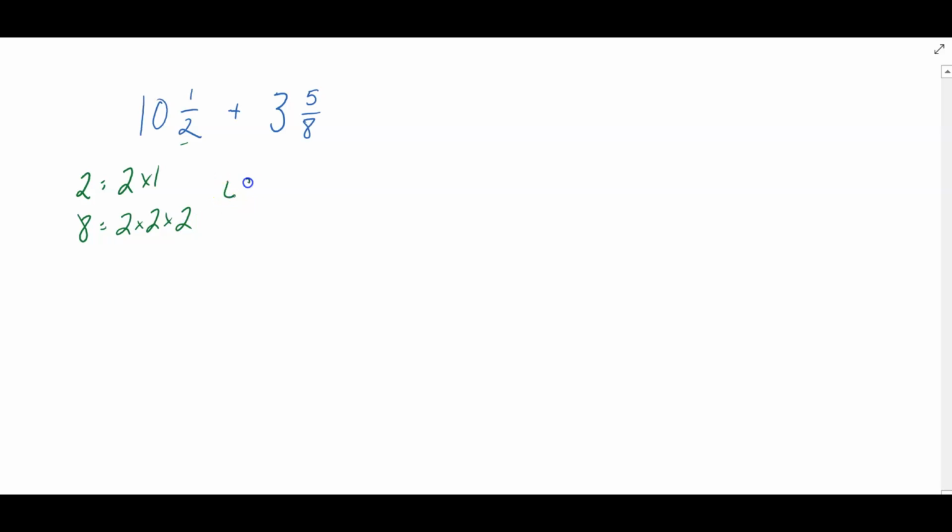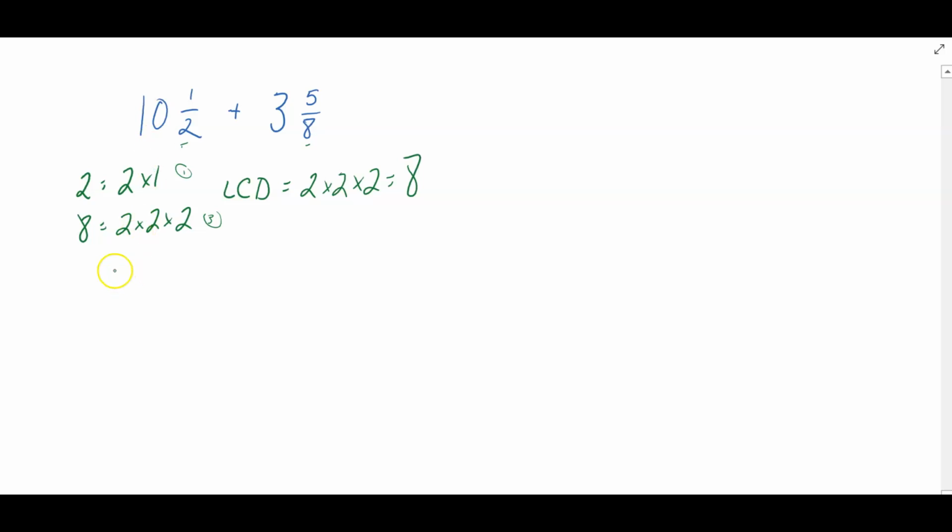And the lowest common denominator is equal to the greatest number of times that each prime factor occurs. 2 appears once here, but 3 times here. So the lowest common denominator is 2 times 2 times 2, which is 8. And we might already see that by seeing that 8 is actually a multiple of 2, so we can quite easily convert halves to eighths.